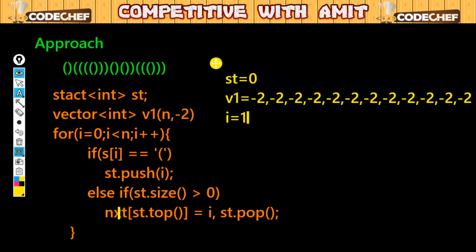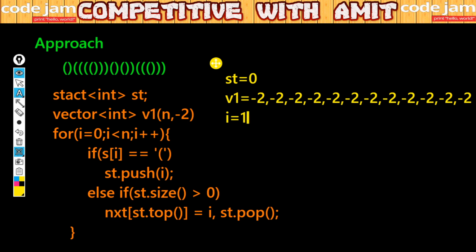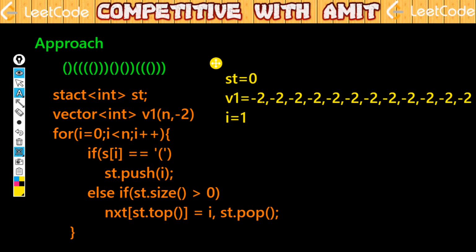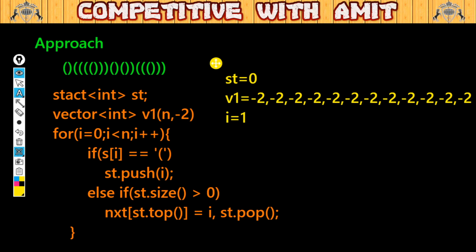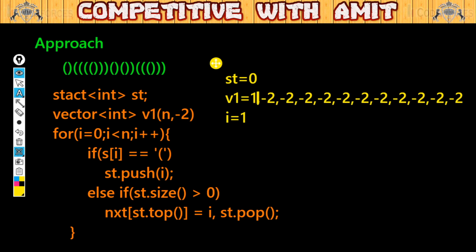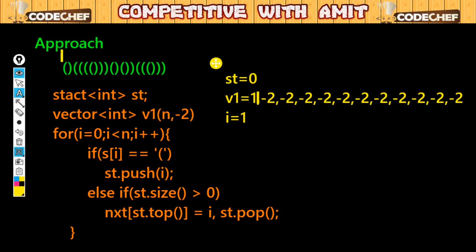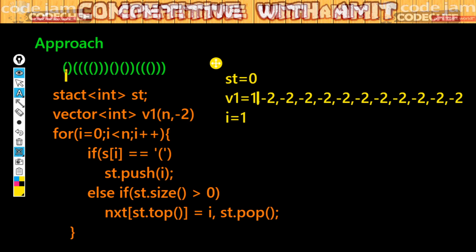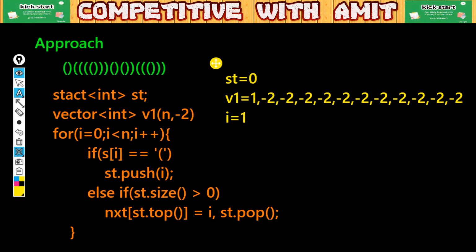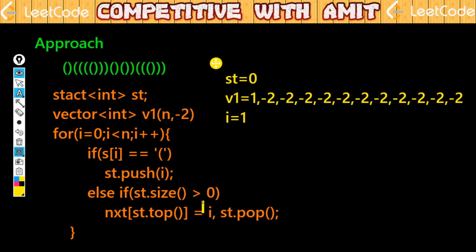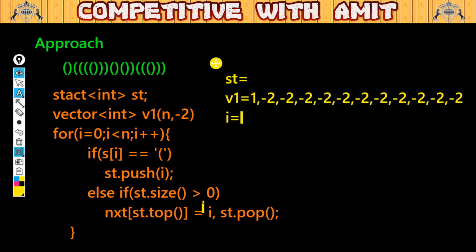So v1 at the stack top will be checked, so this 0 will be updated by i, so here 1 will become. Now what this is doing is, whenever we start from 0, our value will be completed at 1. So this thing is done by this loop. Now this value will be popped, so the stack will be empty again.